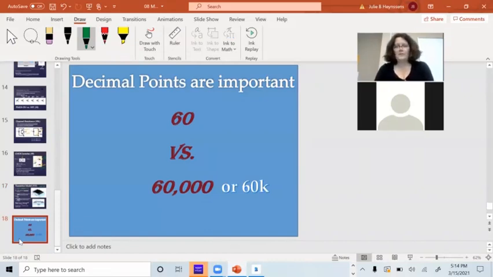Decimal points are important, whether I say 2.2 microamps per volt or 2.2 milliamps per volt. We're off by a factor of 1,000. It's going to make a huge difference in your calculations. Go back and review those multipliers: kilo, mega, giga, tera, peta, exa.